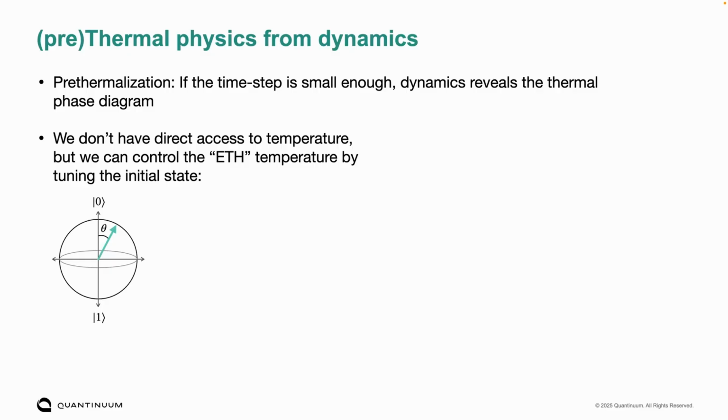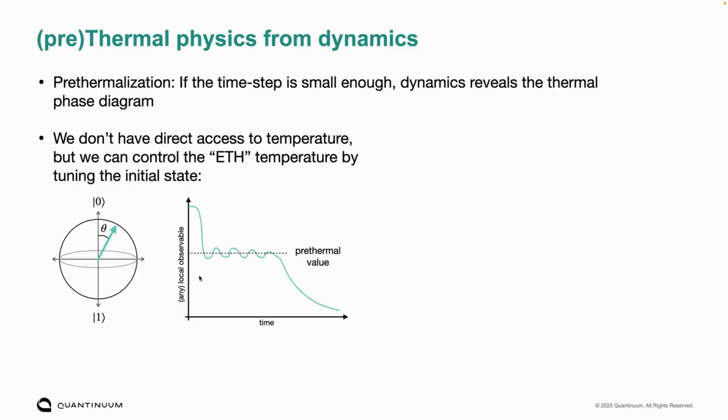We don't have access to temperature per se, but we can control temperature in the sense of the emergent temperature in an eigenstate thermalization type sense by just controlling the energy density of the initial state that we're time evolving. And that's super easy to do because you can just take all of the qubits, say, pointing along 0. So you initialize all the qubits to 0, and you just put on single qubit gates that rotate those qubits to some angle, and then that parametrically controls the energy density of the initial state. So that gives us essentially a handle on the temperature axis.